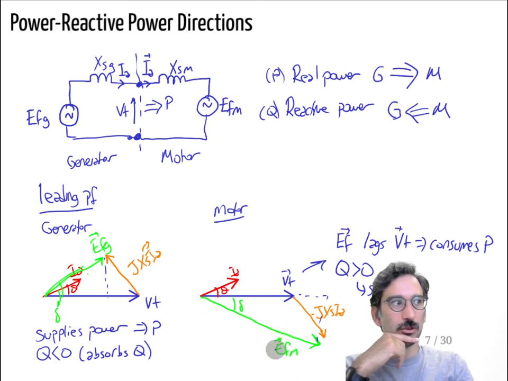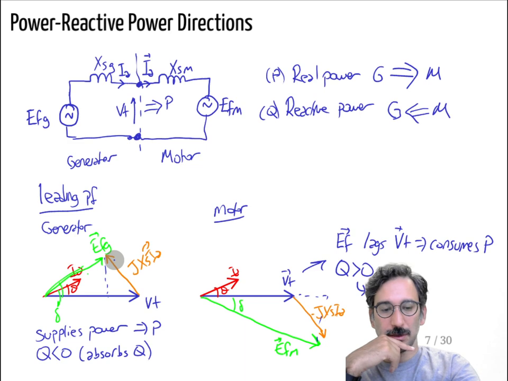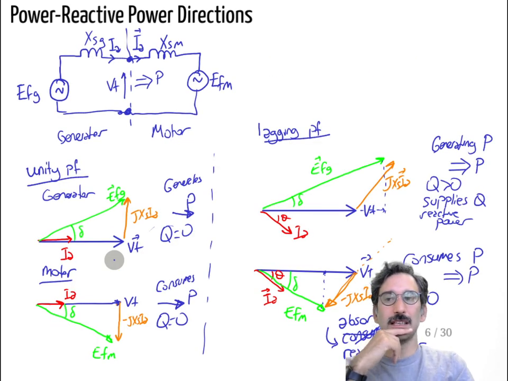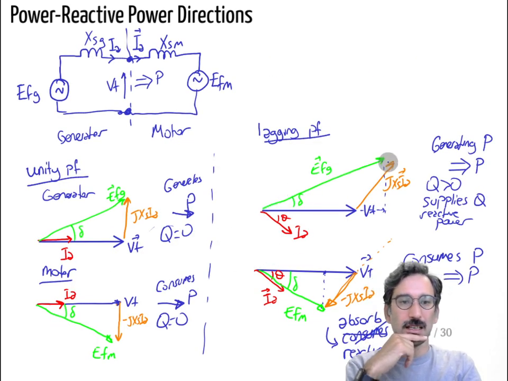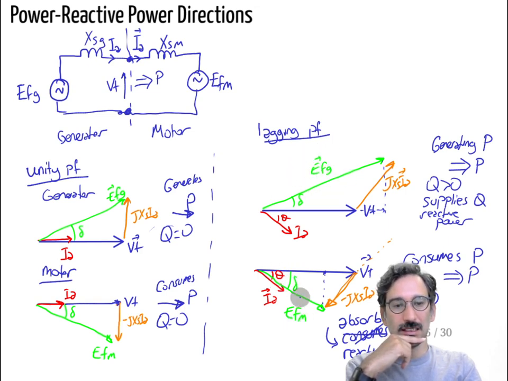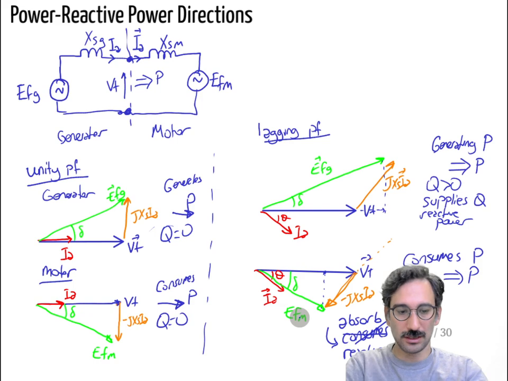The motor has a larger magnitude than the generator, so that one is supplying reactive power. However, in the lagging power factor case, the magnitude of EF on the generator side is larger than the motor. So in this one, the overexcited side is the generator side and the underexcited side is the motor side. Okay, so you try to make those things.